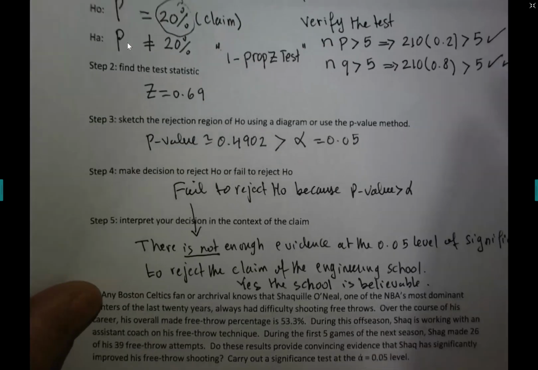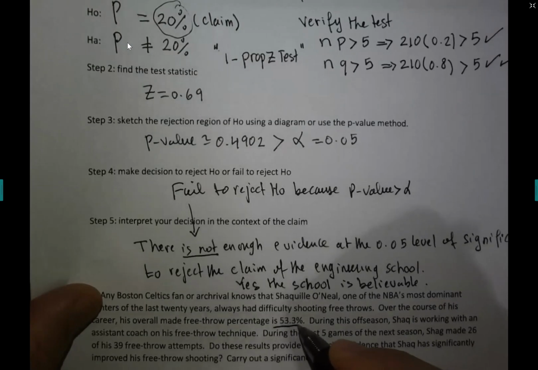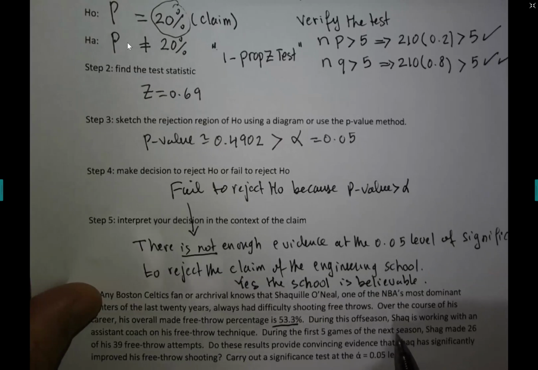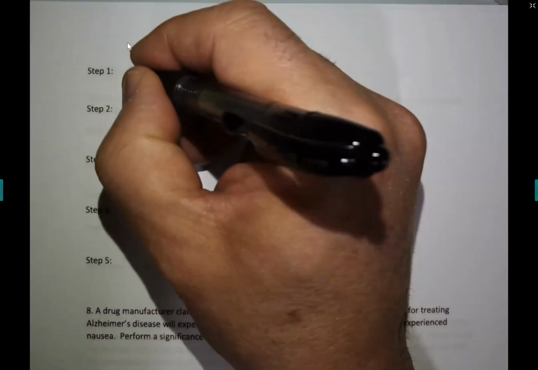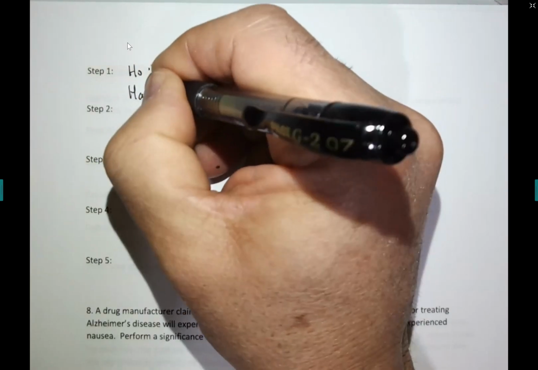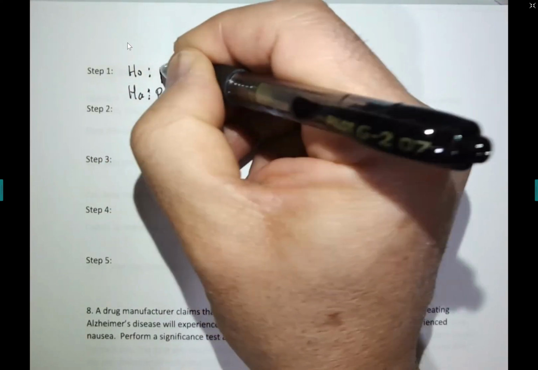Any suggestion, guys? So again, that's what he was, and he's practicing to see if he can do better than 53.3%. So out of 39 free throw attempts, he made 26. What would be H0 and HA? It's a percent, guys, that we're trying to verify.